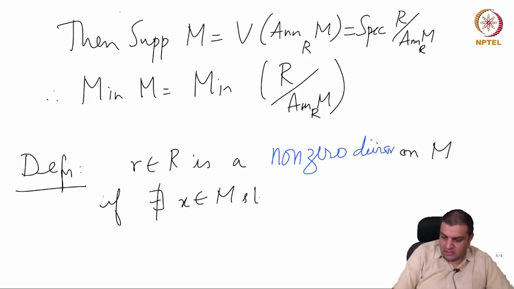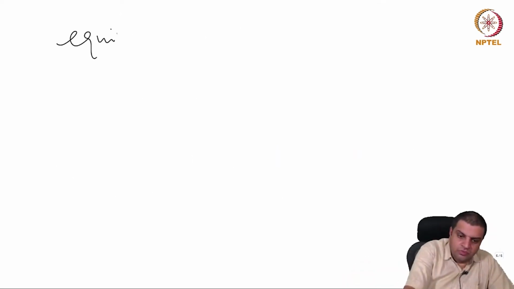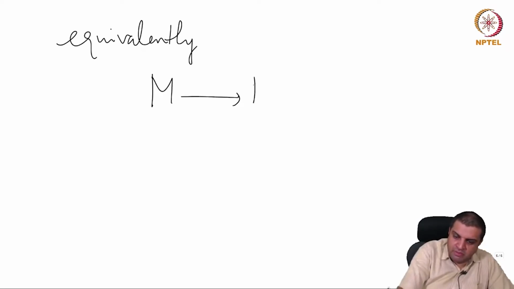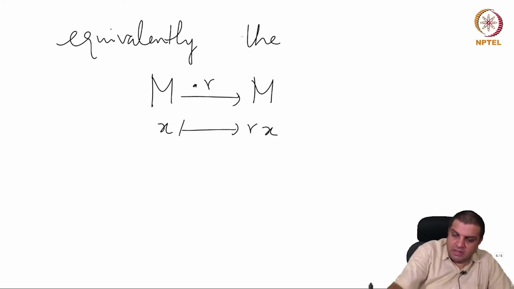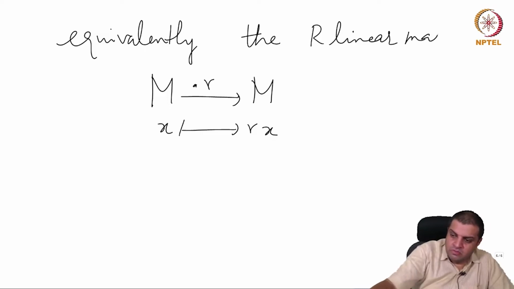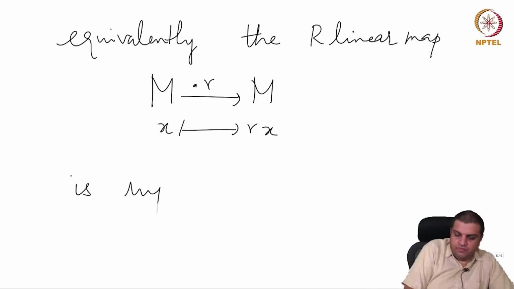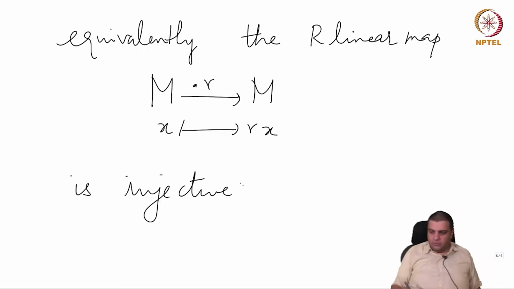Or equivalently, the map M to M given by multiplication by r, which is x goes to r times x, the R linear map, is injective. Okay, so this is what will be a non-zero divisor.